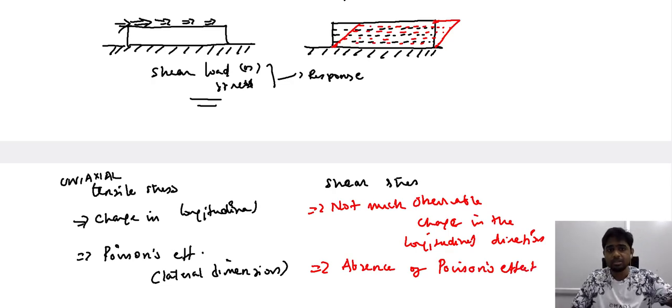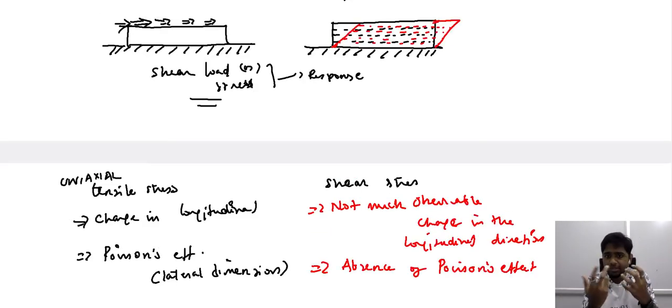Under shear loading, as opposed to uniaxial tensile or compressive loading, there is no significant change in the longitudinal dimension, and in addition, there is completely no change in the lateral direction. In the direction perpendicular to the load, there is absolutely no change in the dimensions of the sample.